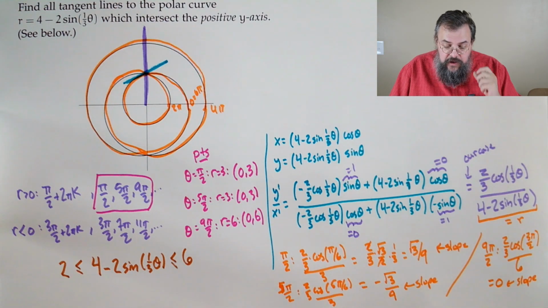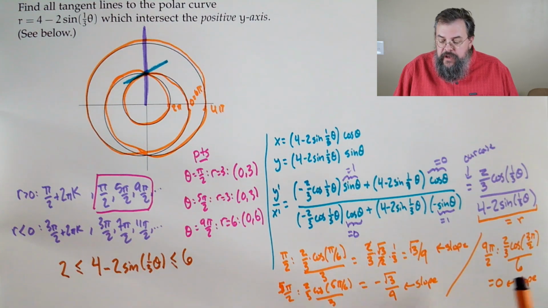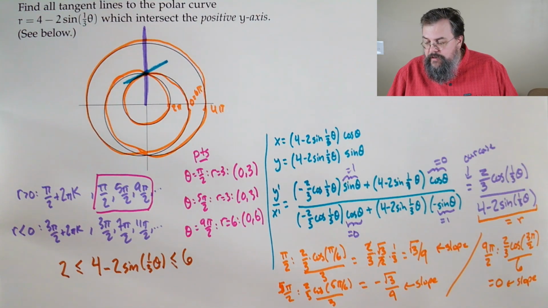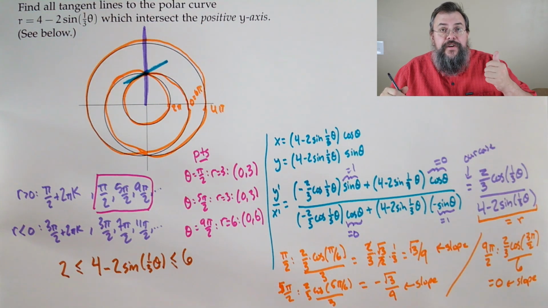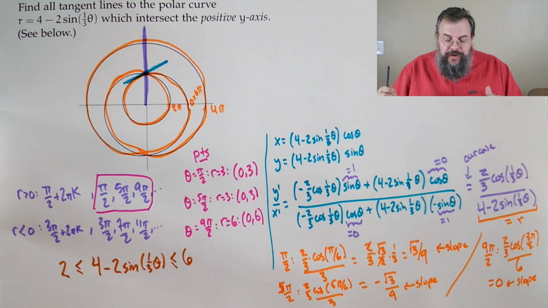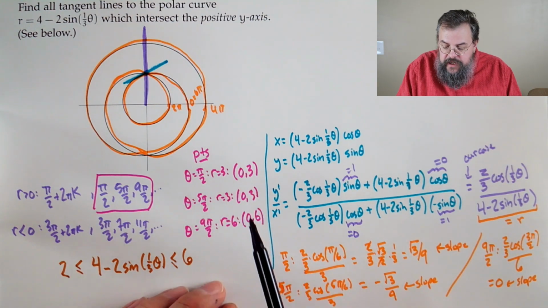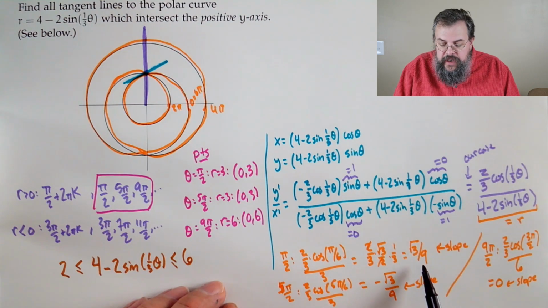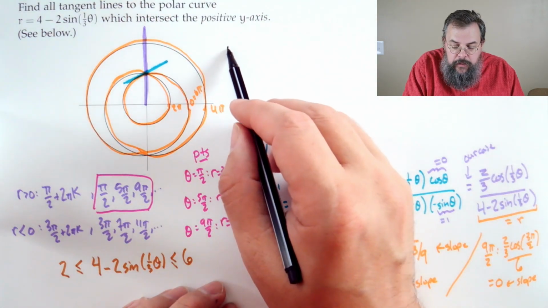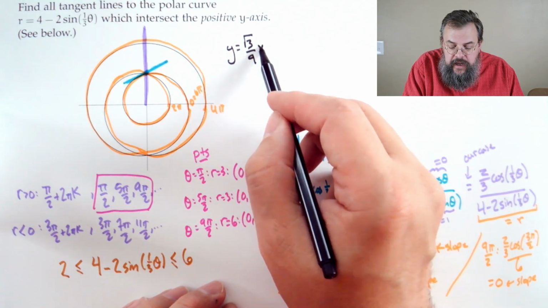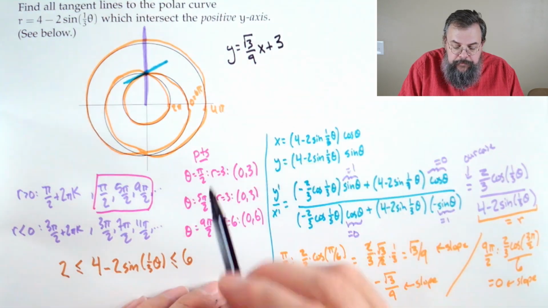Okay, so we have our points, we have our slopes, and now we're in great shape. Indeed, this is really easy to write down the lines because we have our slopes and our points are intercepts. So we'll start here. For pi over 2, our intercept is 3, and our slope is root 3/9. So we get y equals root 3/9 x plus 3.